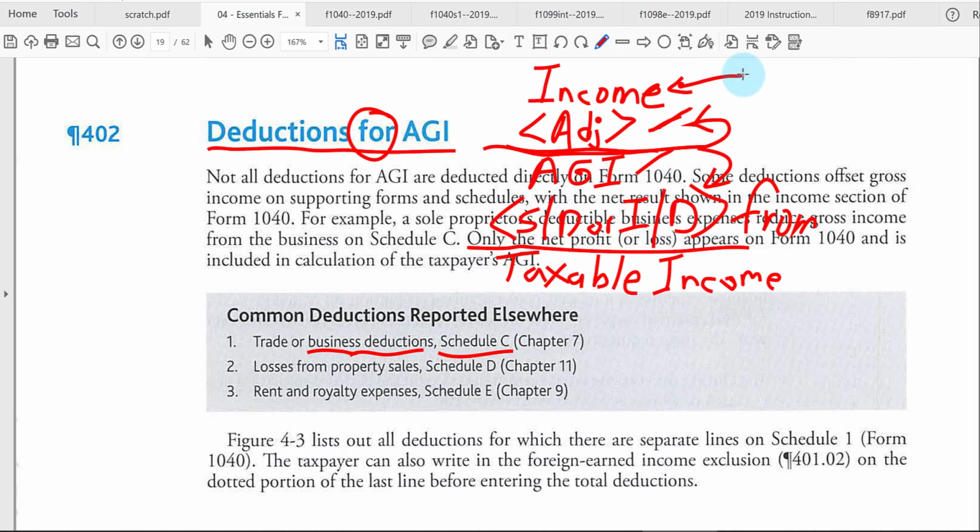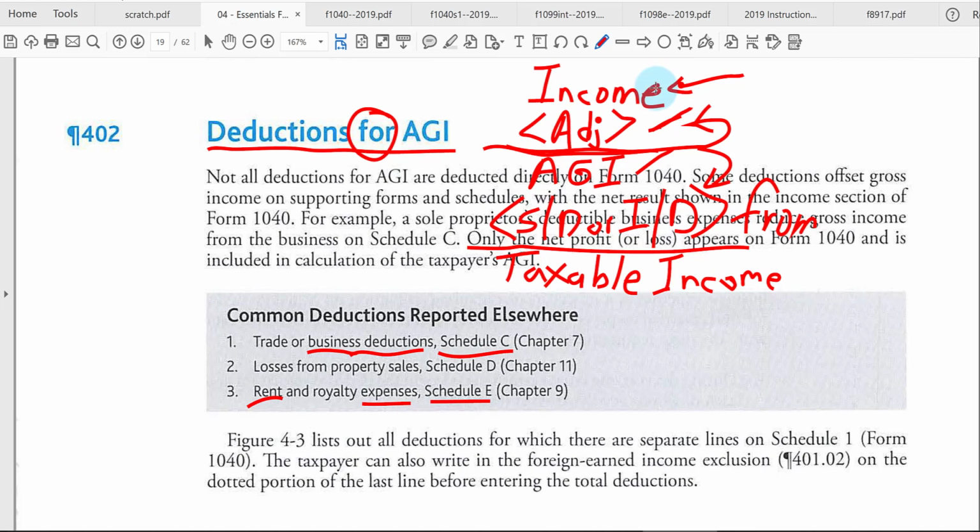So any business deductions are already above the line, or for AGI. The same thing would apply with landlords who have rental income, and they're going to subtract out the rental deductions on a form we'll see next semester called Schedule E. Again, a landlord's deductions will already be subtracted to get to probably this income number up here. So it's above or for AGI deductions.